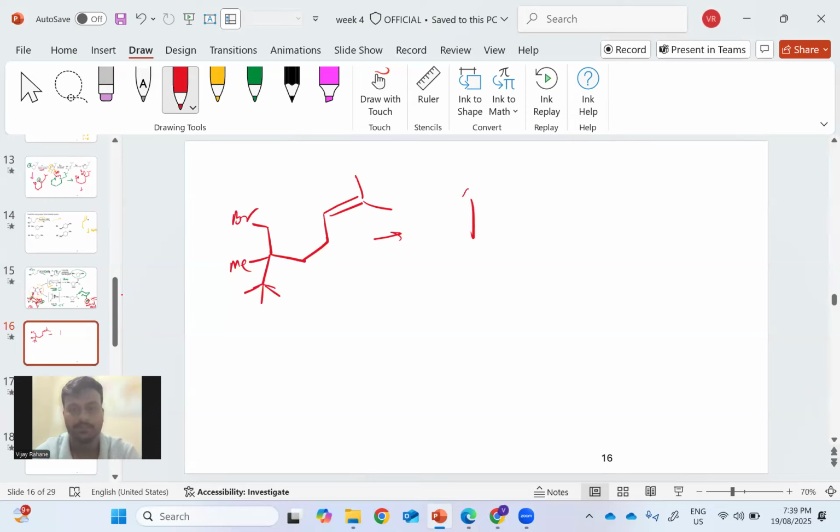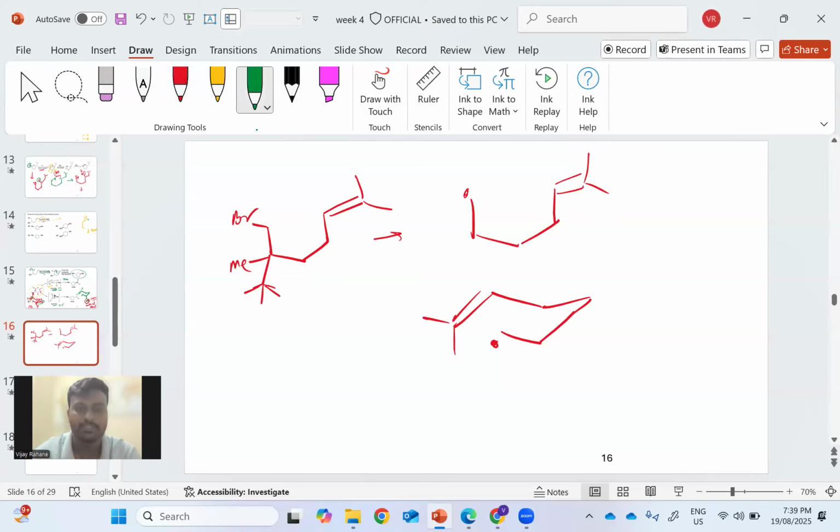So the first step is the formation of the radical, and this radical is going to form. Once this radical is formed, there is a transition state. I will just draw the basic skeleton, and here there is the radical. Now the question is about the substituents, whether tert-butyl is here and methyl there or vice versa.